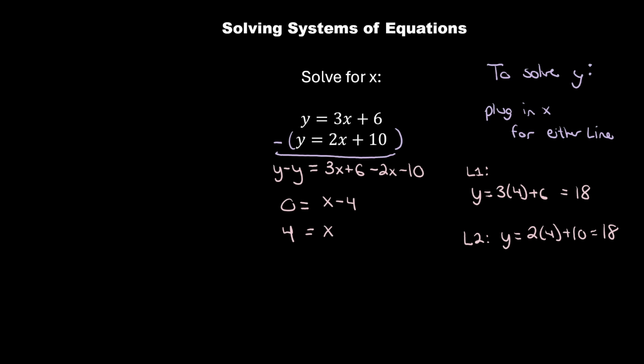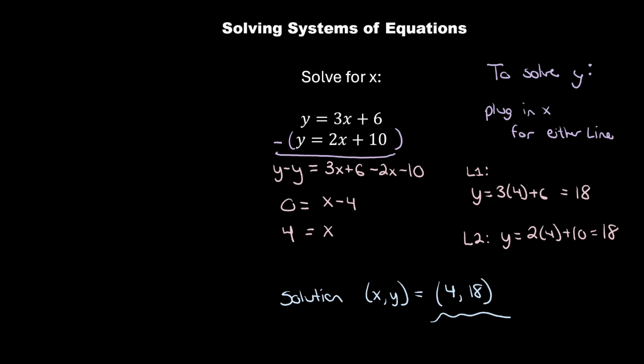You get the same y coordinate for either line when you plug in that specific x, and that's because it is the intersection between these two lines. So the full solution is the xy coordinate point corresponding to x is equal to 4 and y is equal to 18. So that is your solution between these two specific lines.